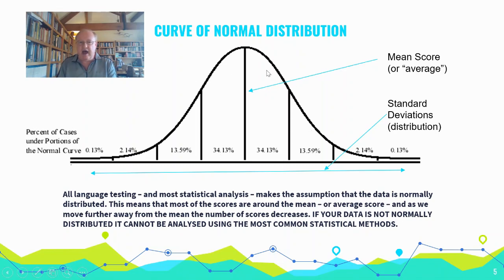So this is how we know, with normally distributed data, what the average is and the standard deviation. And so when you see in research the mean or the average and the standard deviation, these are the two numbers that describe the average and the distribution of the data that has been collected.